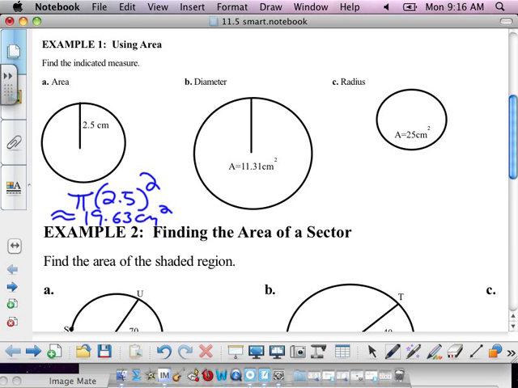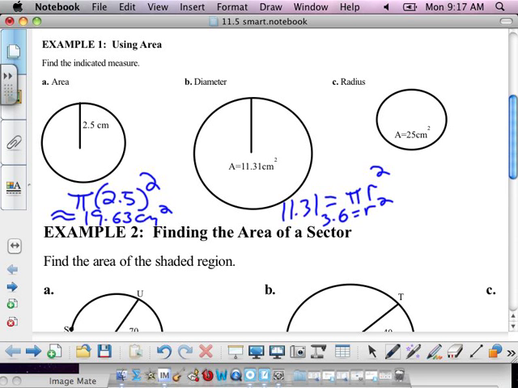Now we've got the area, and we've got to work backwards and find the diameter. I'm given that the area is 11.31. I know I'm going to use pi r squared. So the first thing I'm going to do is divide it by pi, and I get 3.6.